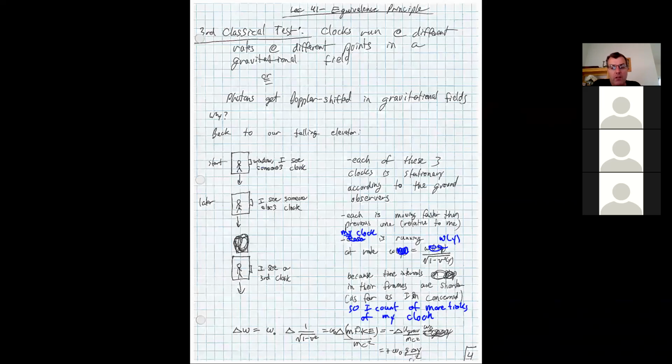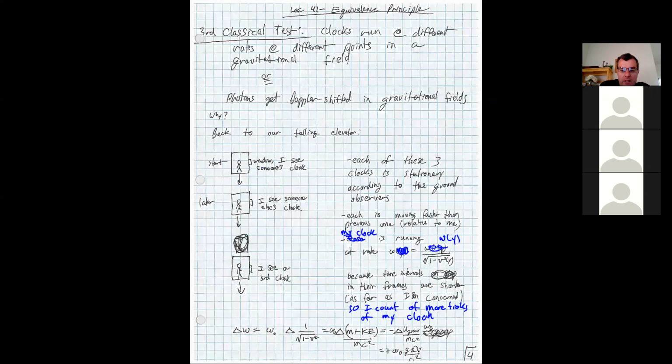Well, let's see here. 1 over the square root of 1 minus v squared, we can write that as mass plus kinetic energy over mc squared, because mass plus kinetic energy would be mc squared over the square root of 1 minus v squared. Now, we know that we want to try to relate this to gravity. The change in mass plus kinetic energy is minus the change in gravitational potential energy.